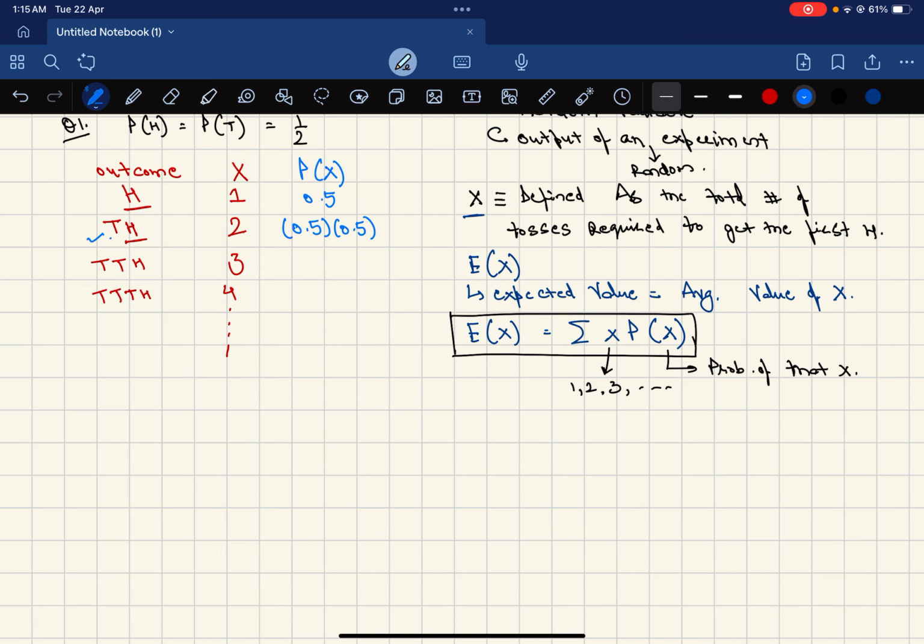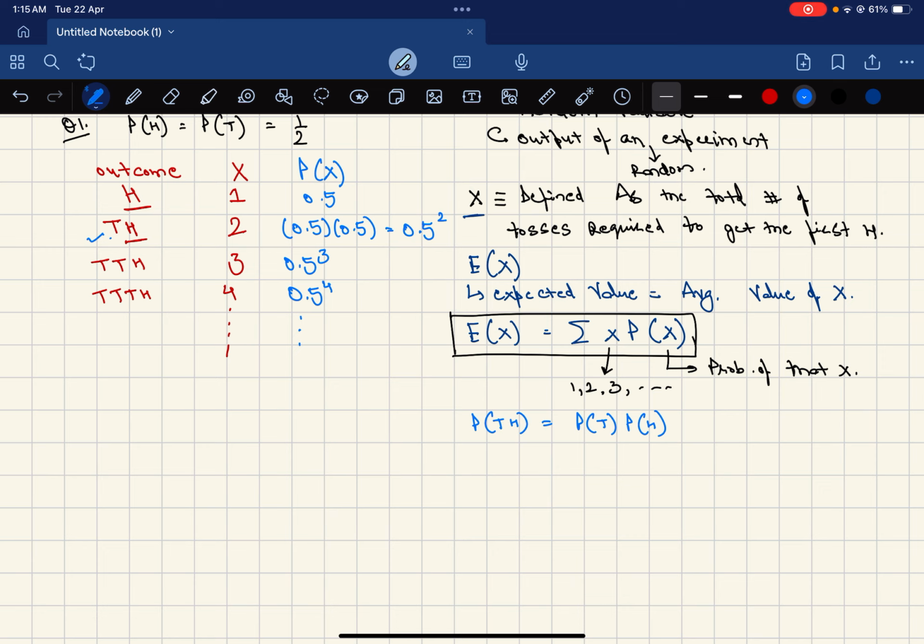Since all the tosses are independent of each other, for independent events we can simply multiply the individual probabilities to get the joint probability, and that is what we did here, and therefore we get 0.5 square. Similarly, for TTH we'll have 0.5 cube, for TTTH we'll have 0.5 to the power 4 and so on.